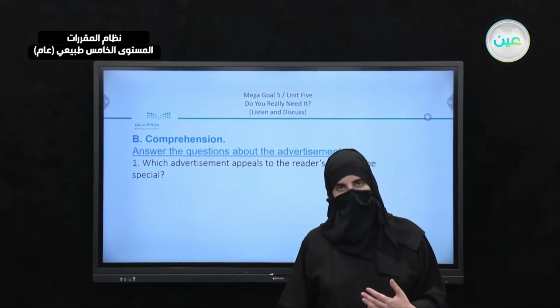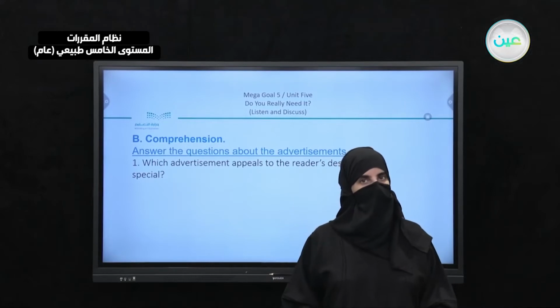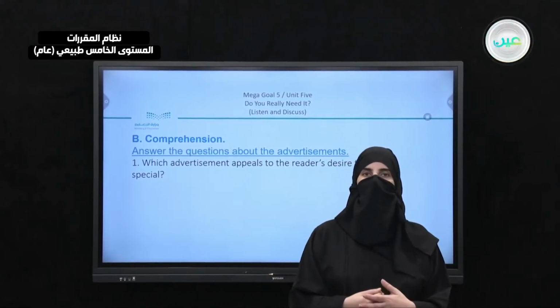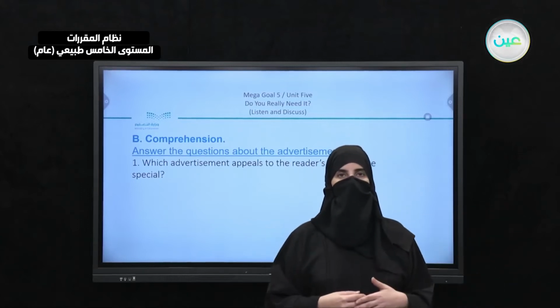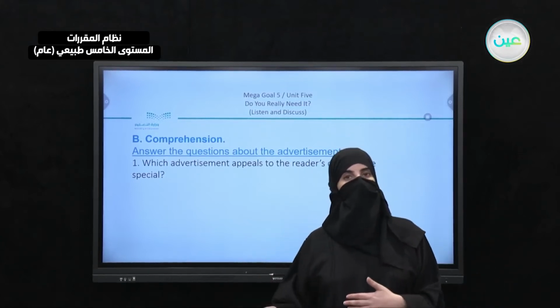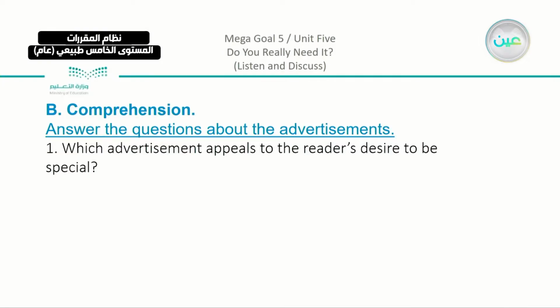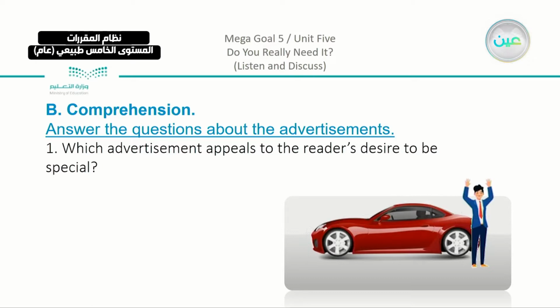Just try to recall which of these advertisements can make a person feel special, so that other people will just look at him while he's using a detergent, for example, drinking water, or has this car. The answer is going to be the BMX 3000 sports car.